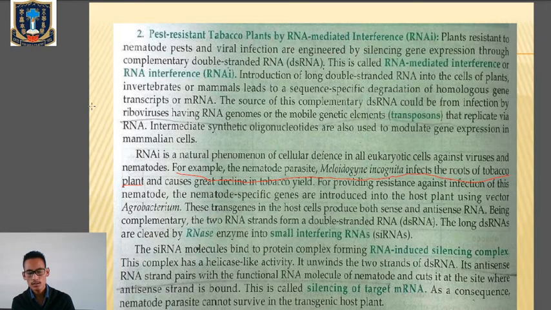As a consequence, the nematode parasites cannot survive in the transgenic tobacco plant. So this is the role of RNA mediated interference, or RNAi, in the production of pest resistant tobacco plants, because these tobacco plants are infected by the nematode parasites, mainly incognita, which decreases their productivity. So that is the pest resistant tobacco plants by RNA mediated interference.